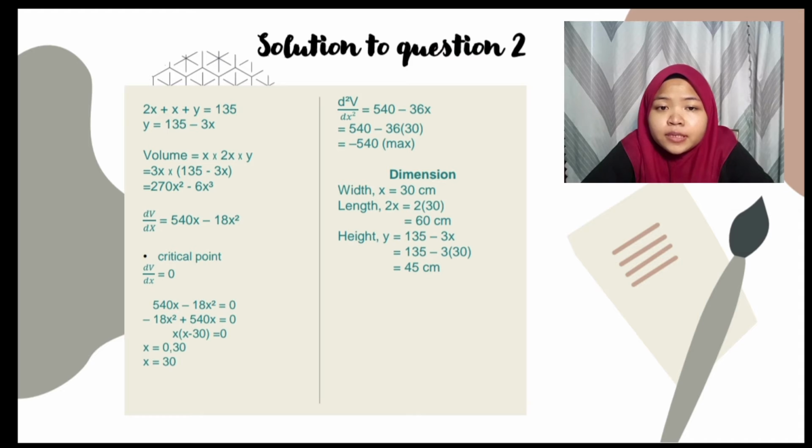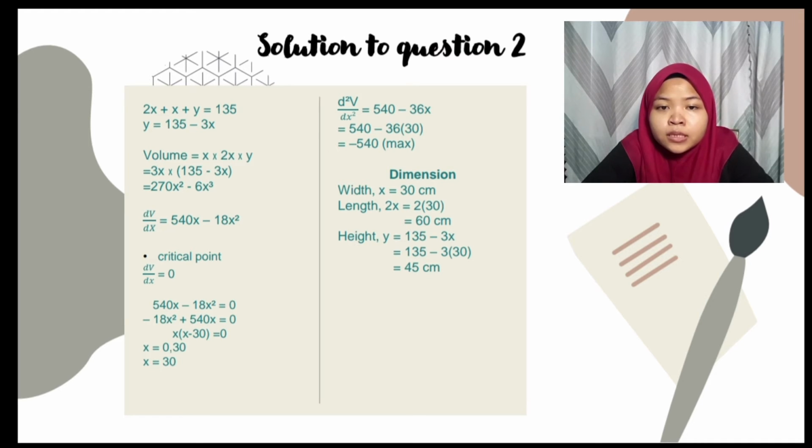Find the first derivative of the function, dV over dx, and get 540x minus 18x squared. Then the next step, we will find the value of x.